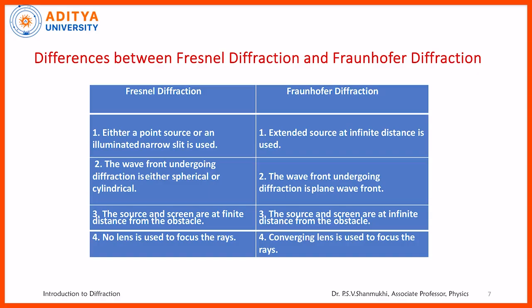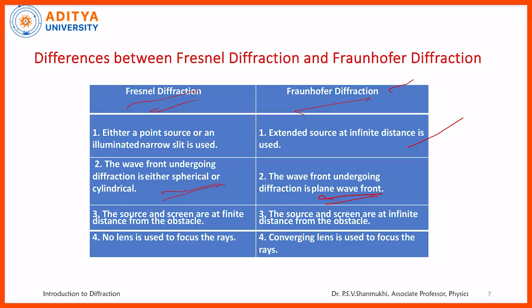In Fresnel's diffraction, a point source or an illuminating narrow slit is used, whereas in Fraunhofer diffraction, an extended source at infinite distance is used. In Fresnel's diffraction the wavefront is spherical or cylindrical, whereas in Fraunhofer diffraction the wavefront is plane.